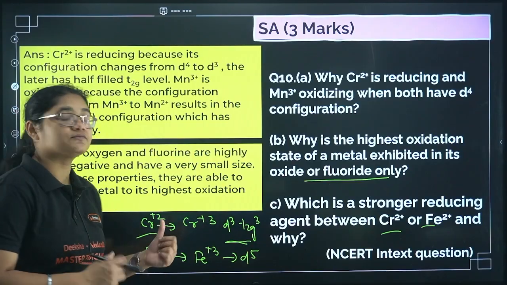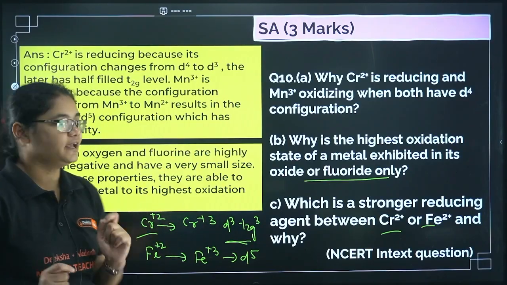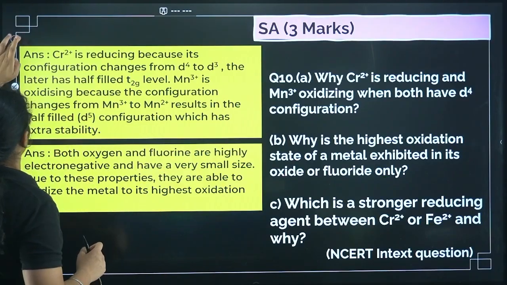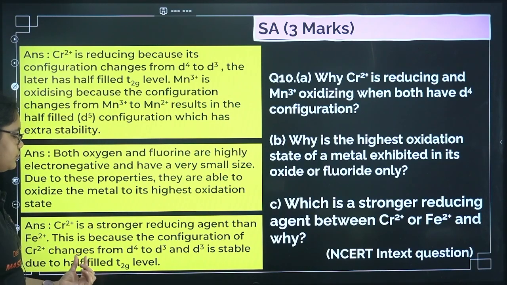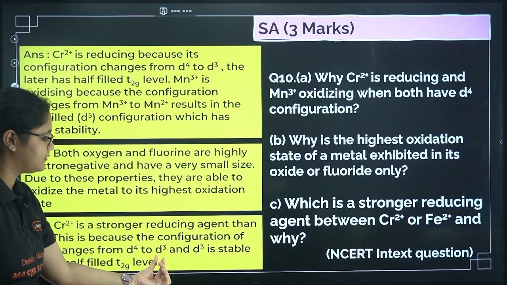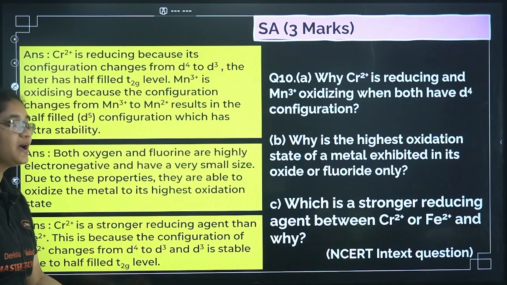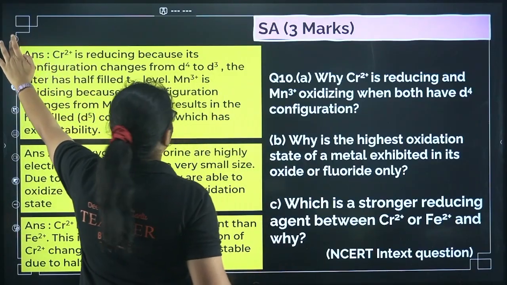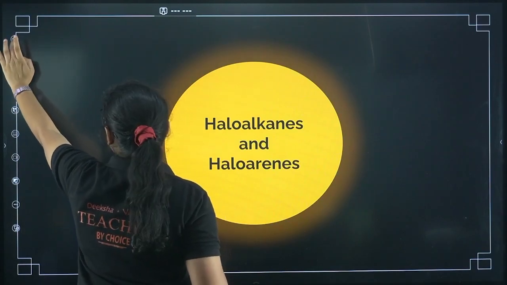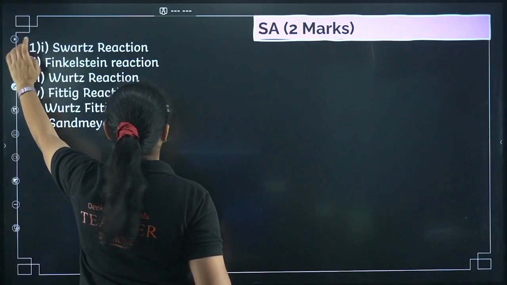So Cr2+ will be a stronger reducing agent than Fe2+. This is because the configuration of Cr2+ changes from d4 to d3, and d3 is stable due to the half-filled t2g level. Okay. Next, we'll move to chapter number 5, I think, haloalkanes and haloarenes.